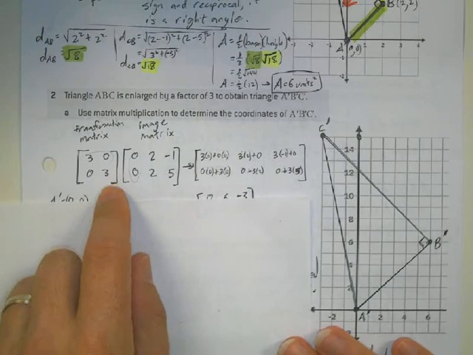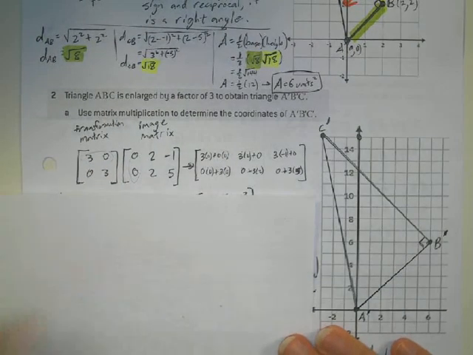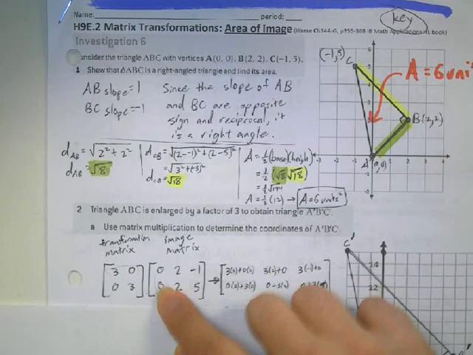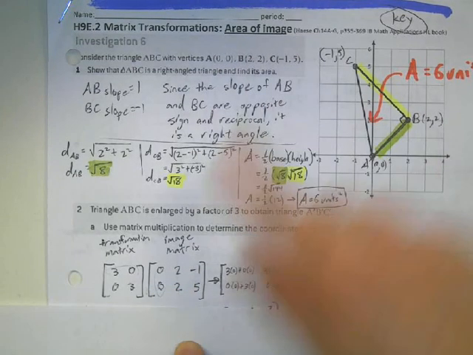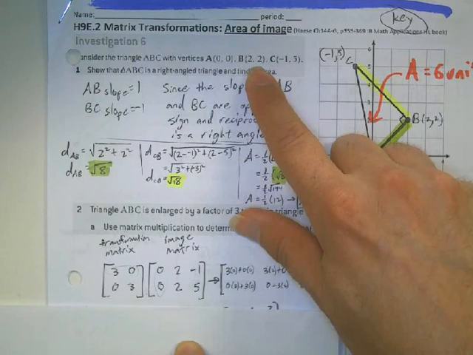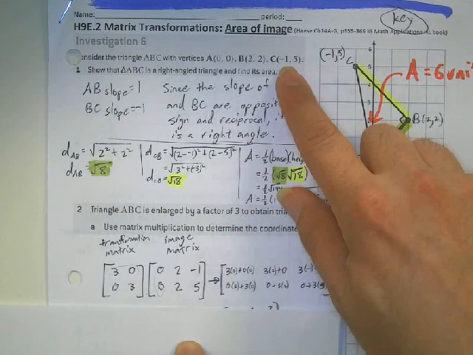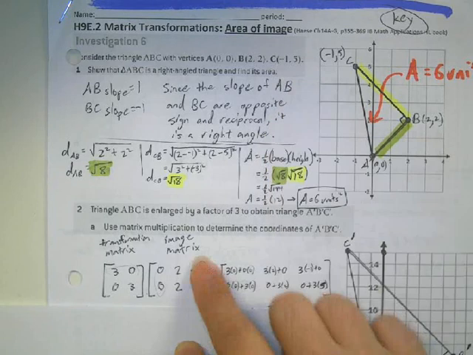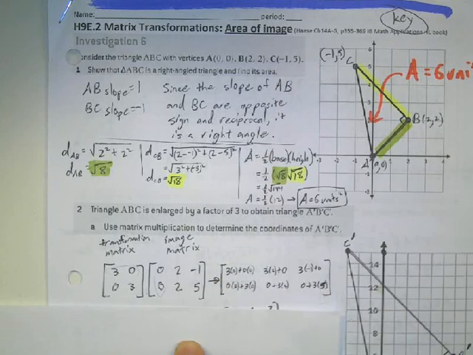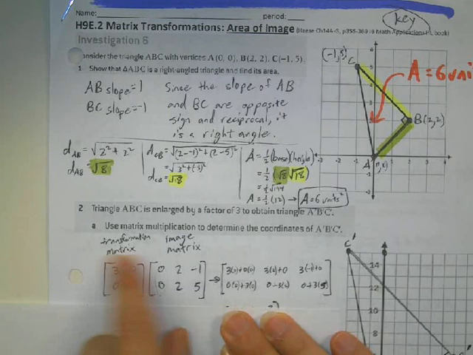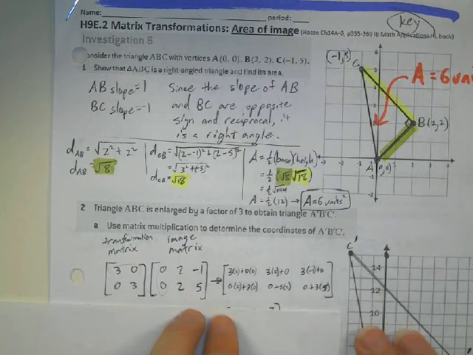Then the point (0, 0) I put in the first column, the point (2, 2) in the second column, and the point (-1, 5) in the third column, and then I do my matrix multiplication. We always put the transformation matrix first, and then our image matrix second, and then we end up with our result.